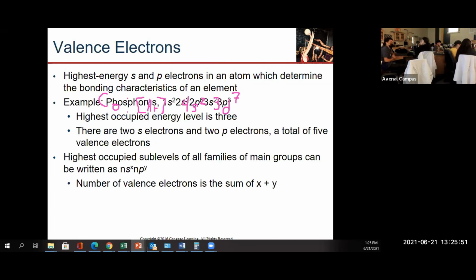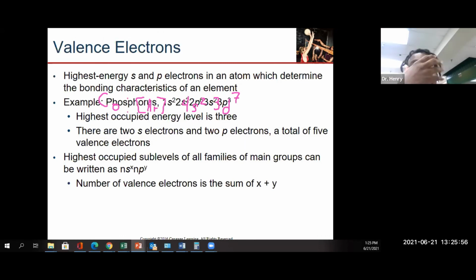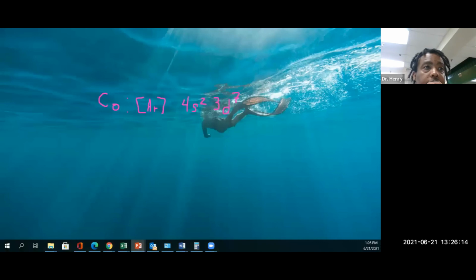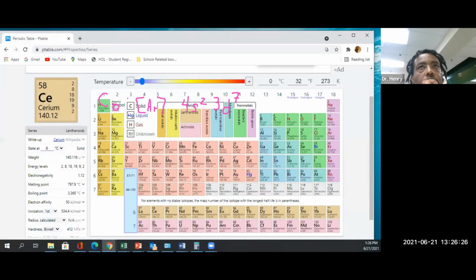Okay, so now when we talk about valence electrons, a large time when we're talking about these chemical reactions, we're going to be looking at certain elements more in the main group than the other groups. And when we're talking about the main groups on the periodic table, we're not really going to be taking into account the D or the F subshells.